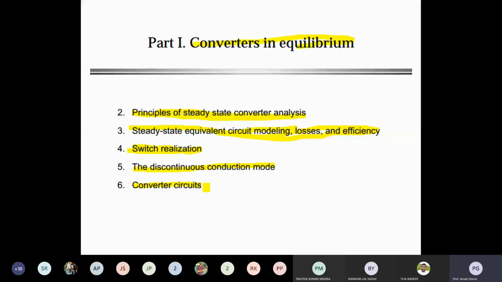But for converters having a non-minimum phase problem, that may be mitigated or minimized by the discontinuous mode of operation. That's why sometimes we also use discontinuous mode, but the non-minimum phase problem can also be overcome by the control structure. We have some work on it.